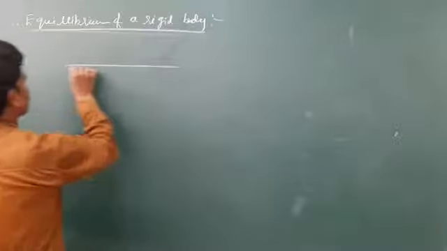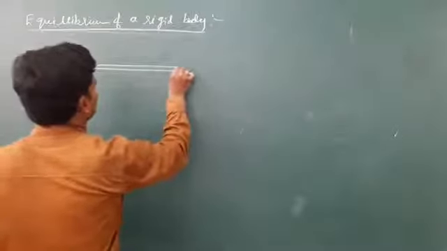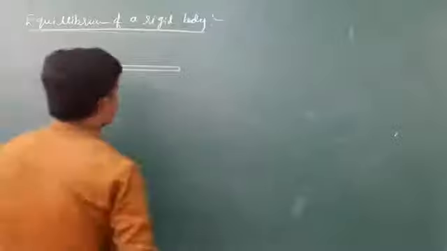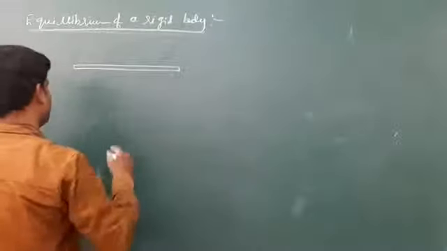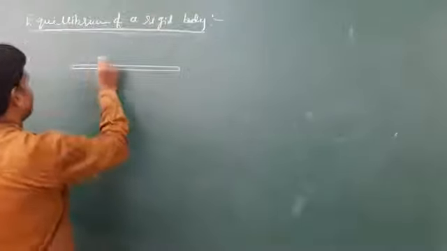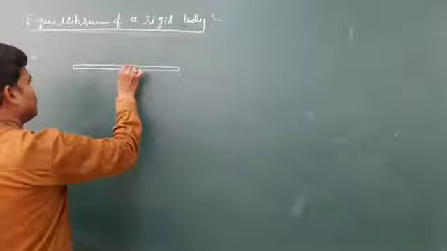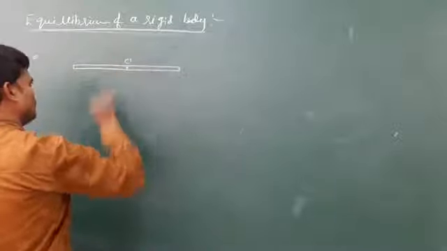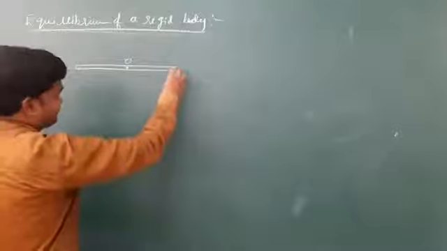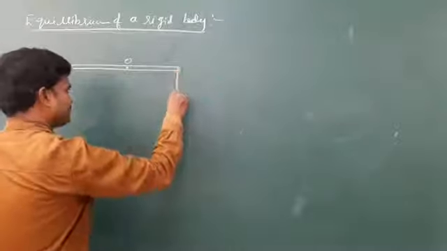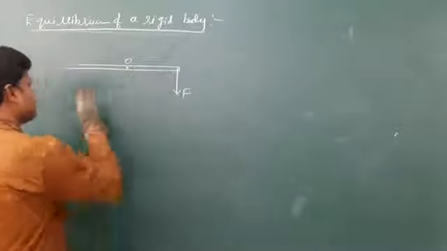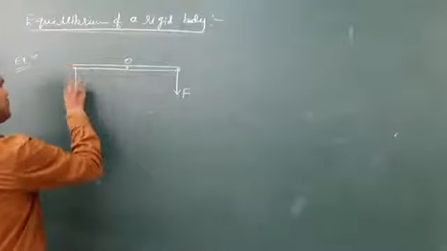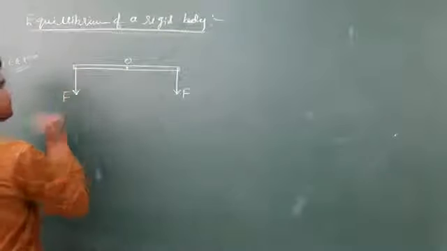let us suppose an ideal lever, a rod whose mass is m, length is l. It is pivoted at its center, something O. Here, one force F is acting, meaning some weight is placed on that. Here, one more force.